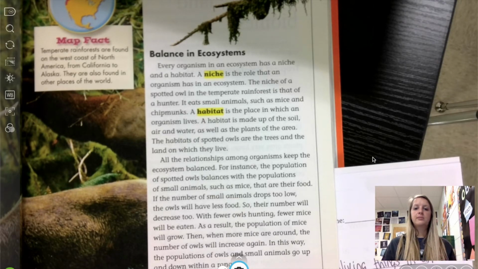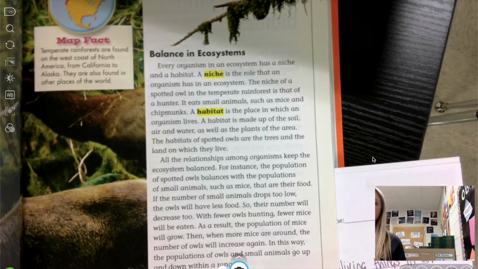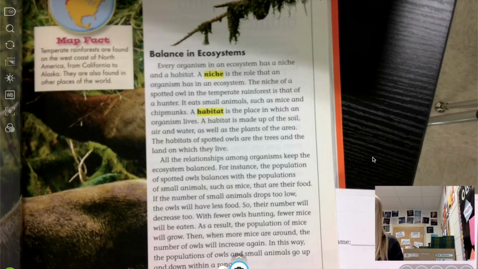As a result, the population of mice will grow. Then, when more mice are around, the number of owls will increase again. In this way, the populations of owls and small animals go up and down within a range. So their relationship is really important.